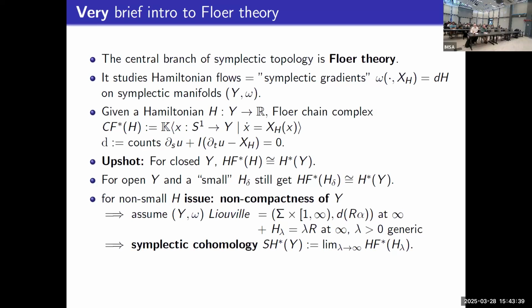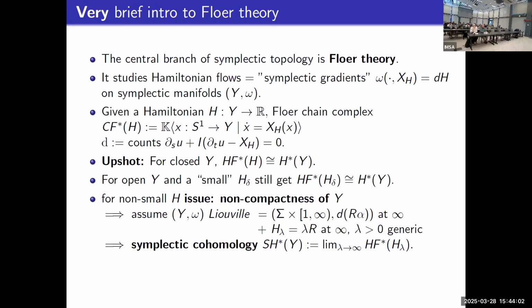So the upshot is that we want an invariant for this symplectic manifold. And which Hamiltonian do I want to choose? Well, let's choose these Hamiltonians which are linear, this lambda r, and these Floer cohomologies are well defined because of this maximum principle. But also I can make maps between them, which are called continuation maps.